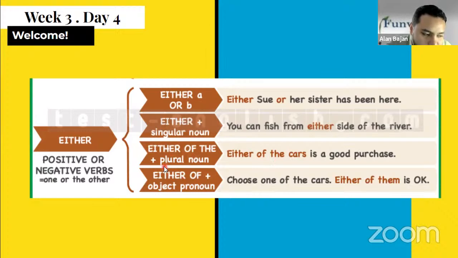This is either plus a plural noun. Cualquiera de los carros es una buena compra. And either of an object pronoun. In this case, choose one of the cars. Either of them is okay. Right? Let's go to the whiteboard.